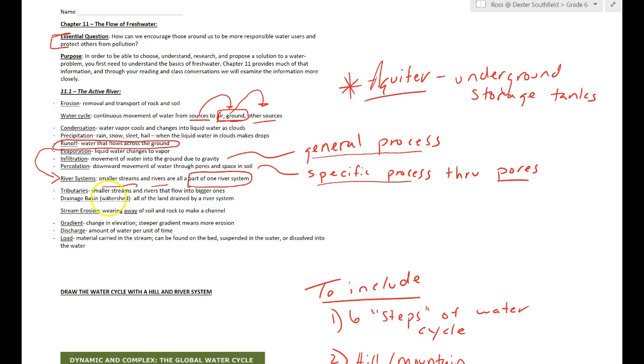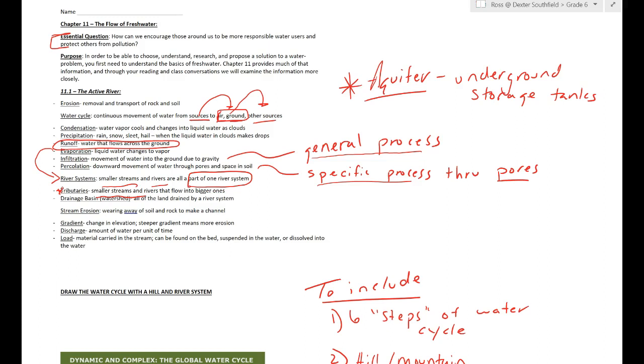So those smaller streams, the small guys, those are called tributaries. As you get those tiny little ones that then form into little streams and little rivers, that is one tributary. 5, 10, 15, 100 of those tributaries flow together into a larger river.